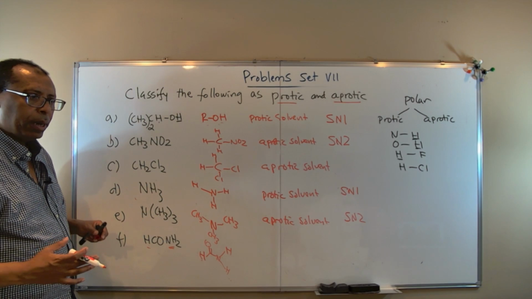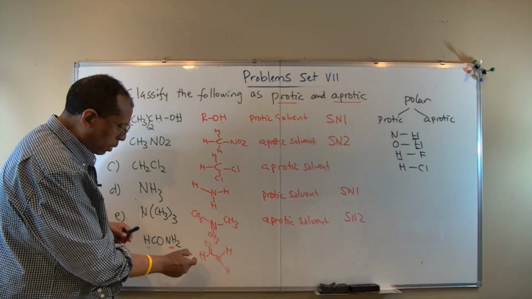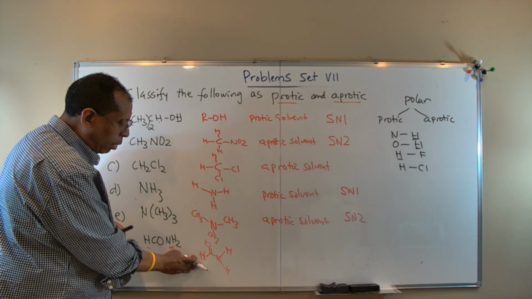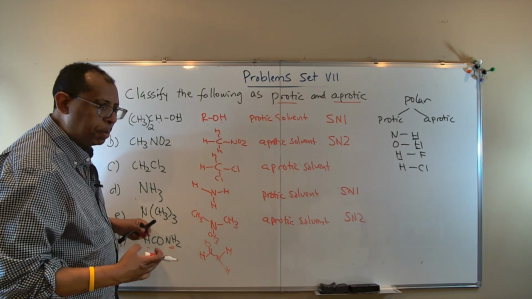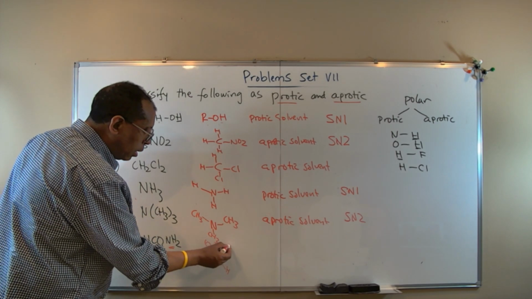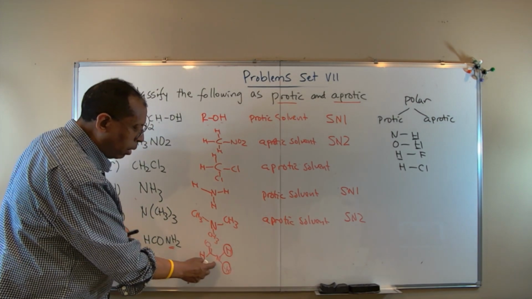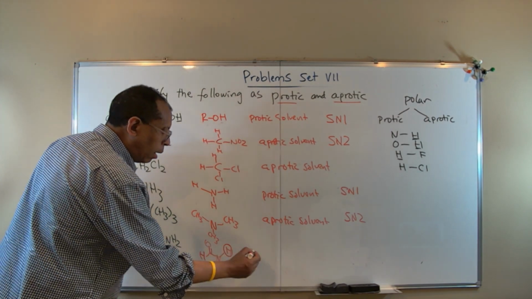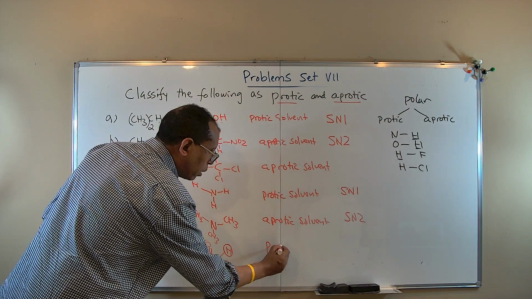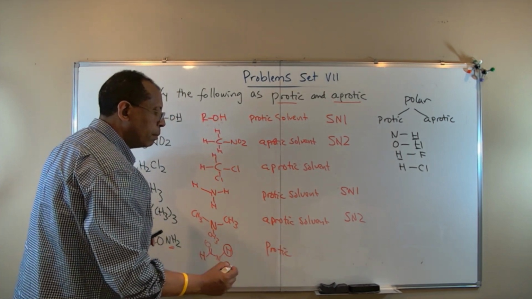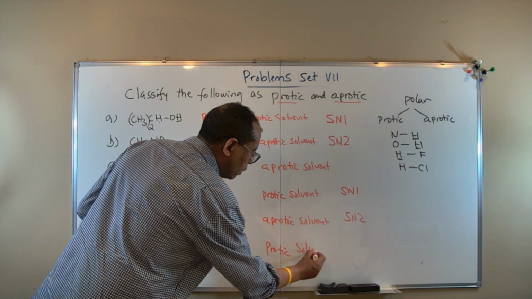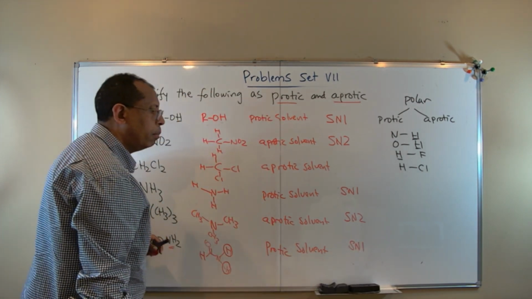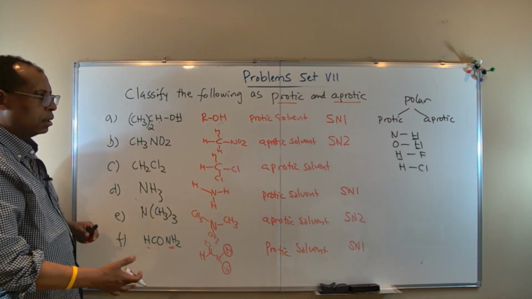This one hydrogen is not what makes this compound protic. Rather, these two hydrogens on nitrogen make this solvent protic. So an SN1 mechanism can be done in this solvent.